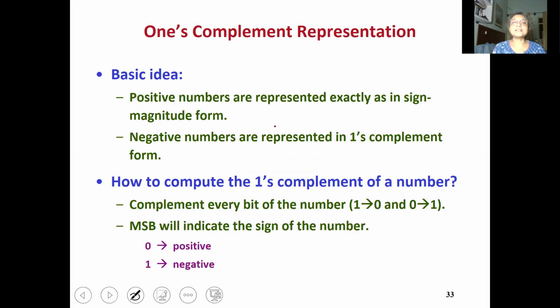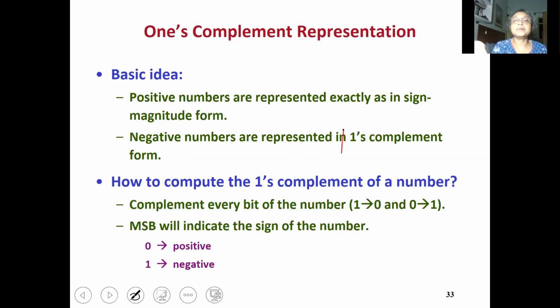Next, we look at the 1's-complement representation. Positive numbers are the same as in sign magnitude form. For negative numbers, we represent those numbers in 1's-complement form. What is 1's-complement form?